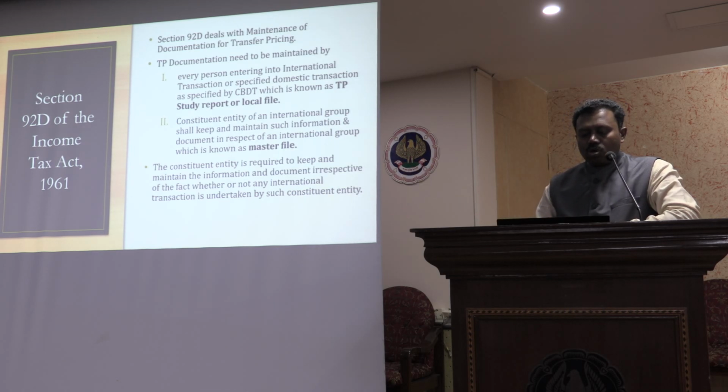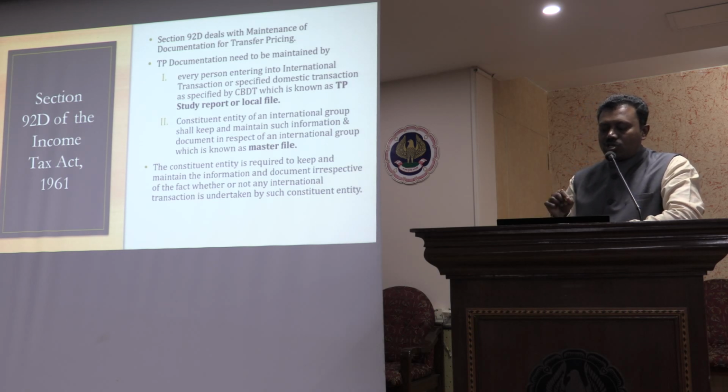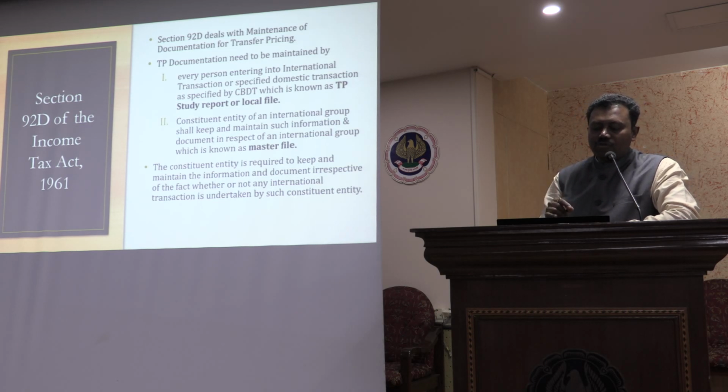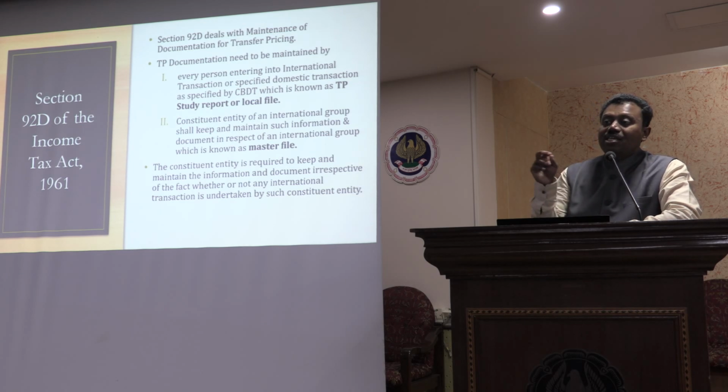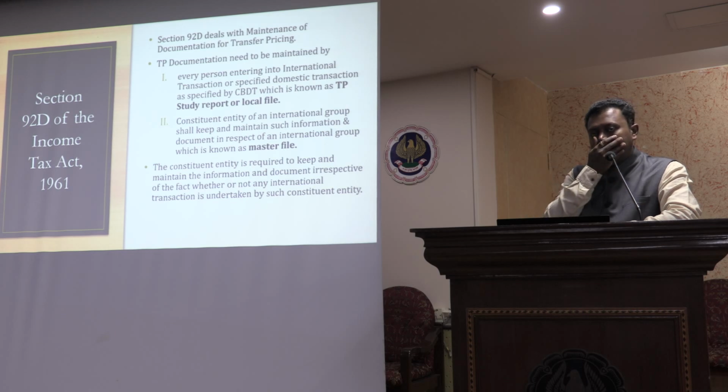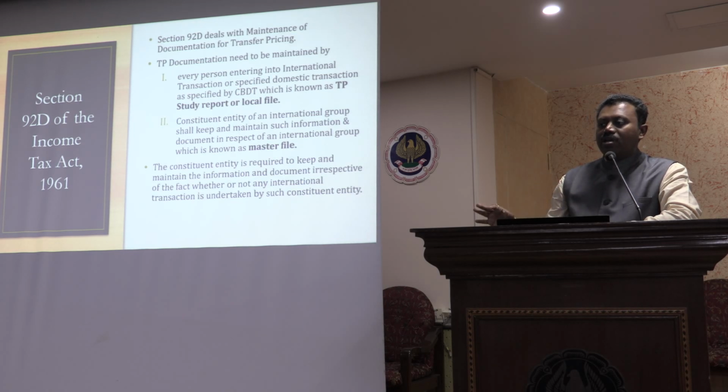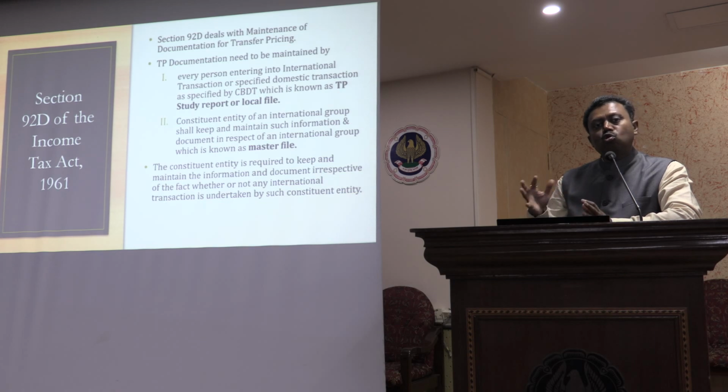Then point number 2: a constituent entity of an international group shall keep and maintain such information and documents in respect of the international group, which is known as the master file. Apart from Form 3CEB, which is our transfer pricing report to be signed by a Chartered Accountant, Form 3CEAA has to be filed in case of master file reporting, where there are two parts.